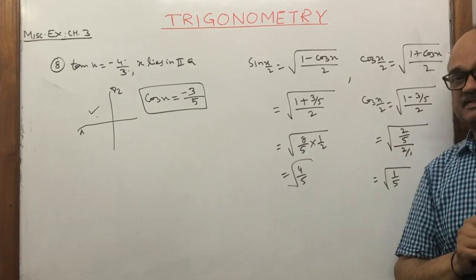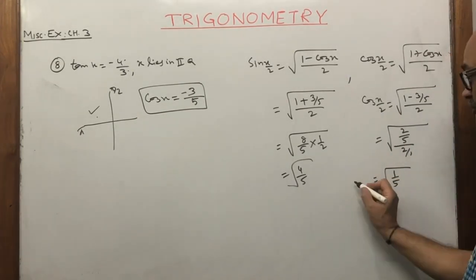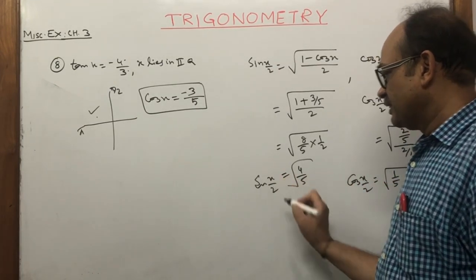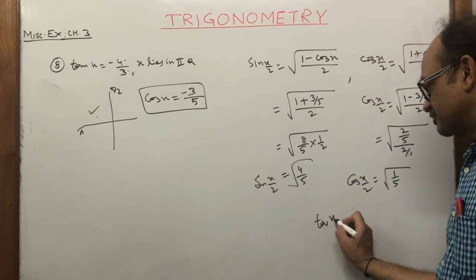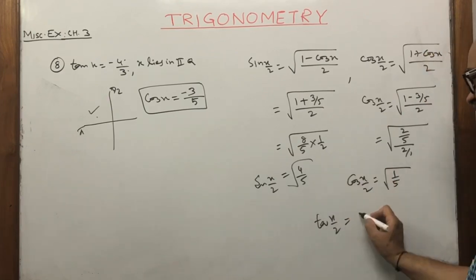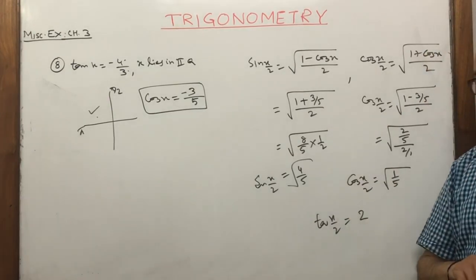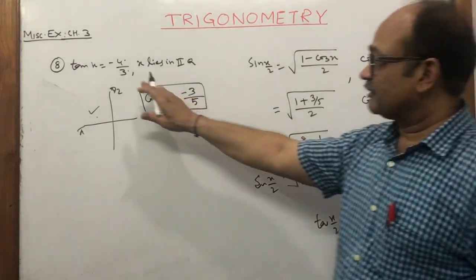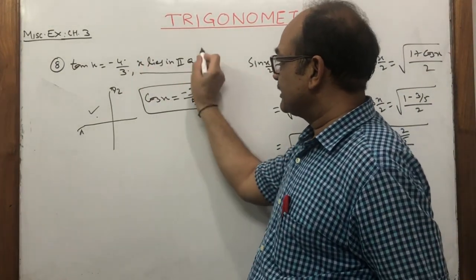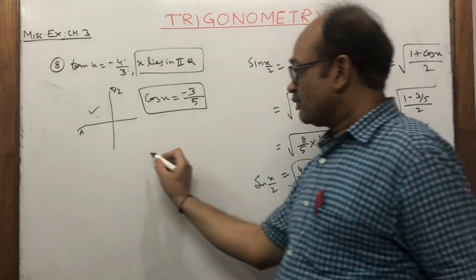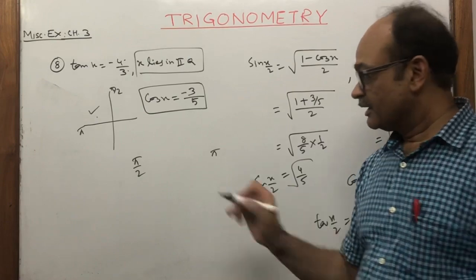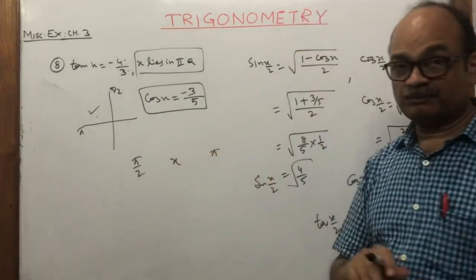Now how do we put the plus and minus sign for this? Cos x by 2 and sin x by 2, and if we divide these two, tan x by 2 is only 2. But how we put the sign is a major important point. Listen to what the question is saying. X is lying in the second quadrant, you know, pi by 2 to pi.